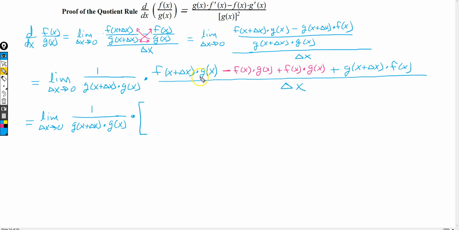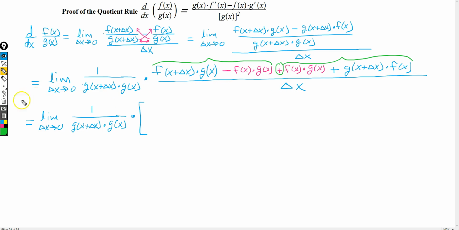and now what we're going to do is combine terms like this. We're going to combine these two terms together and factor out a g of x, and then combine these two terms together and factor out an f of x, and then split the fraction apart right at this plus symbol and divide each side by delta x.